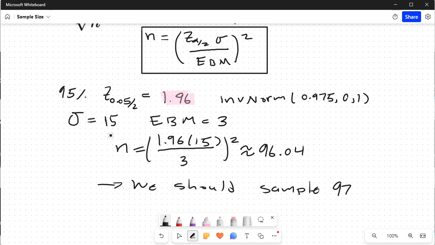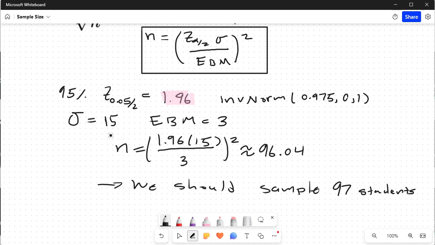Because we were looking at an IQ score, and this was conducted at a community college, we should sample 97 students in order to construct this 95% confidence in any case.